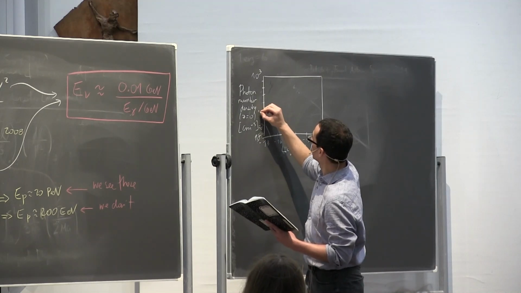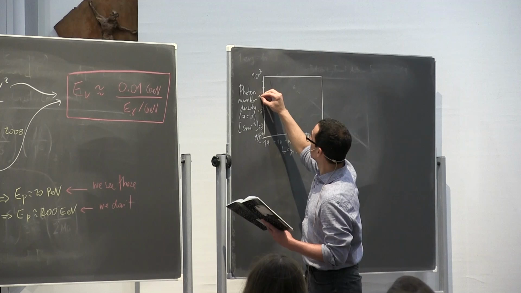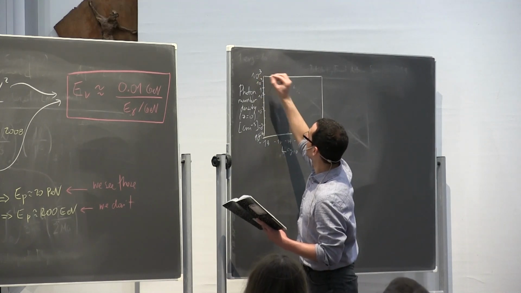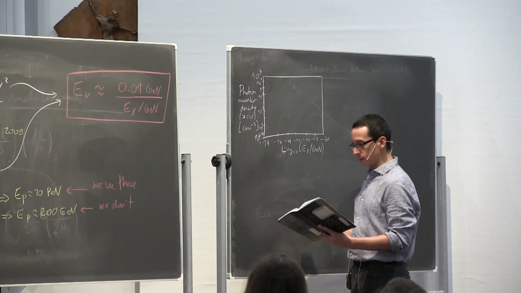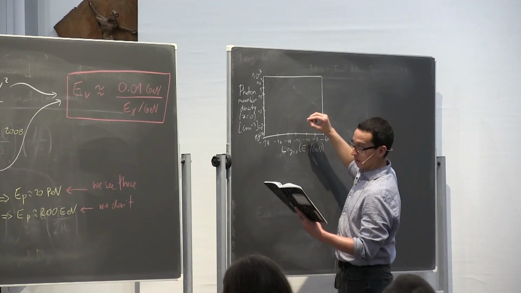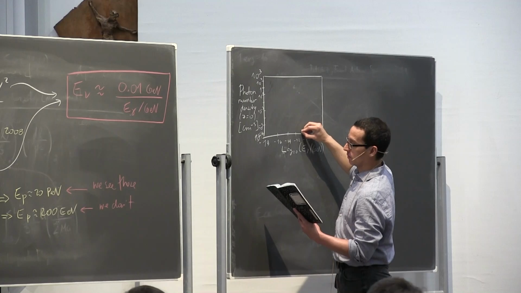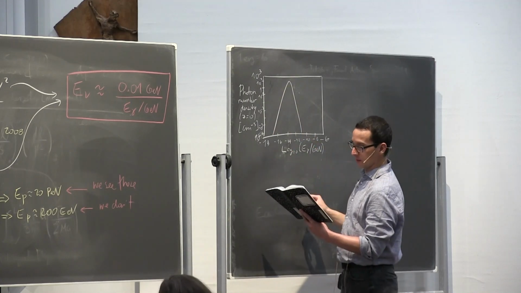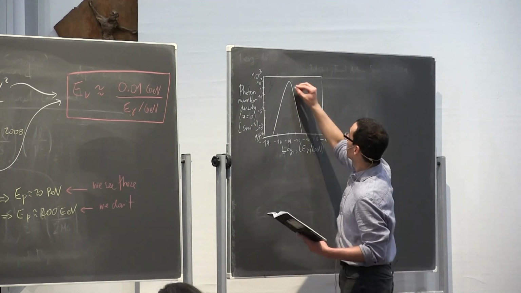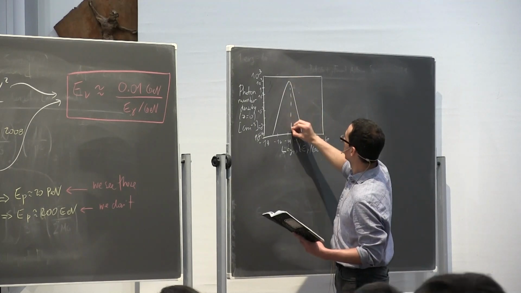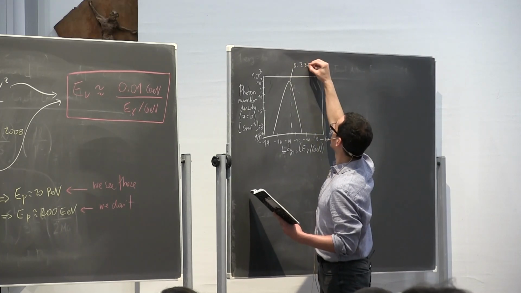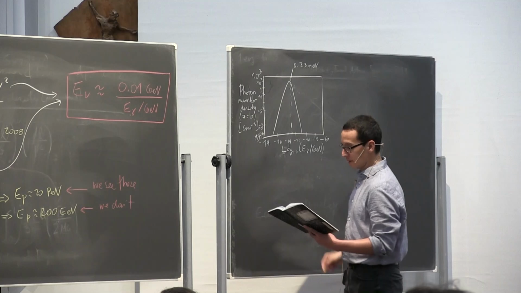Okay, and the CMB is a black body spectrum, so it looks kind of like this, very roughly. And the peak is at 0.23 millielectron volts, like we said yesterday.